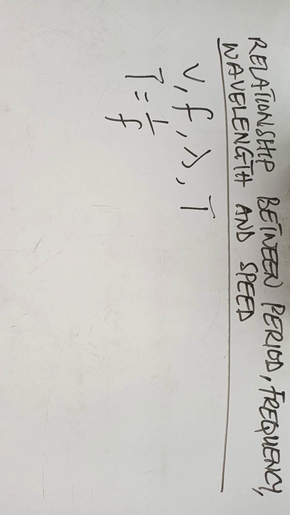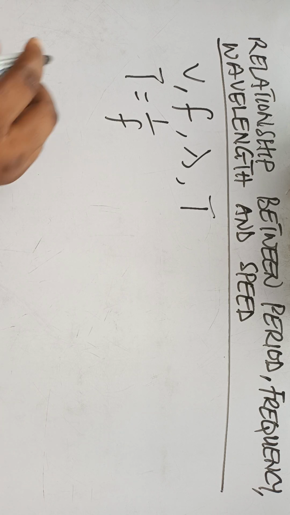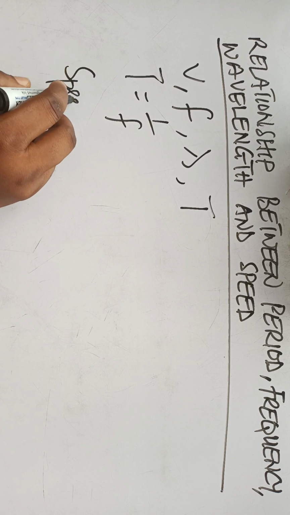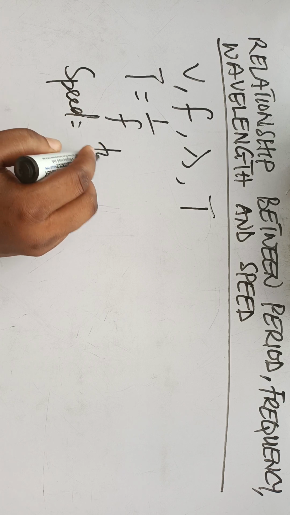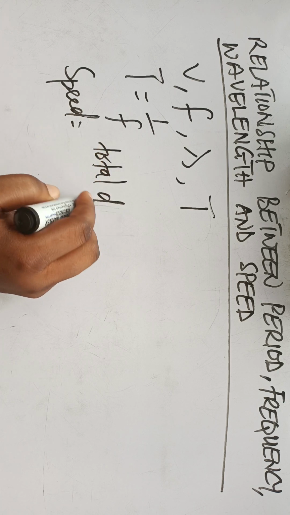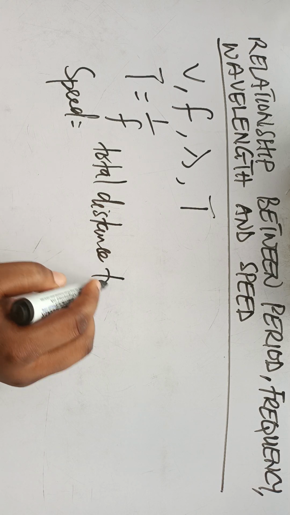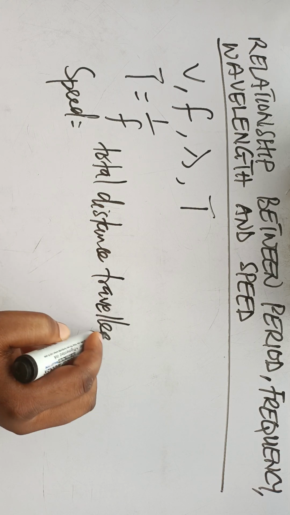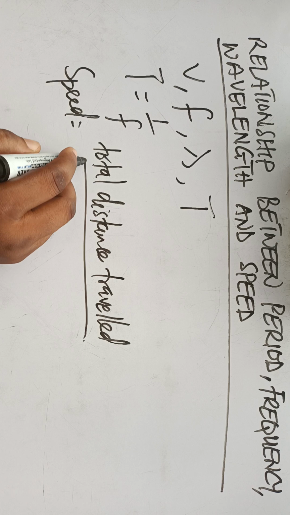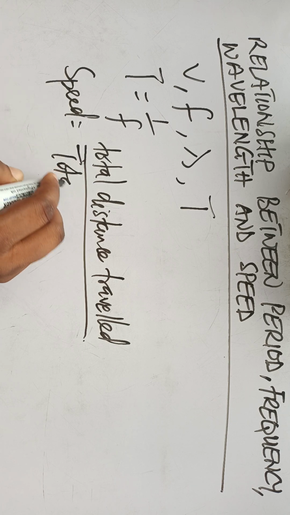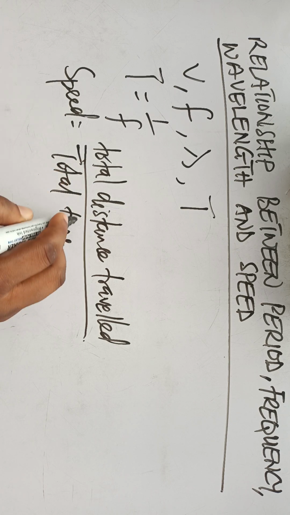So by definition, the speed of a wave is given by the expression speed is equal to total distance traveled divided by the total time taken.